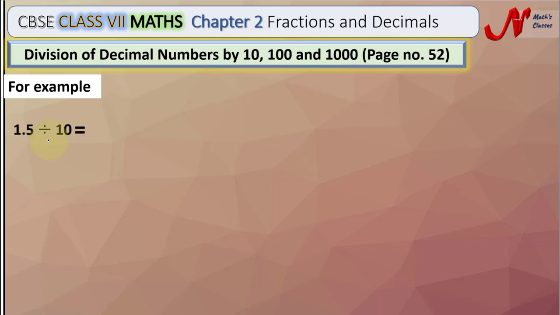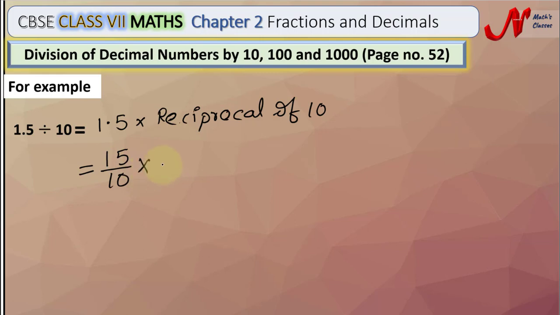For example, 1.5 divided by 10, which can be written as 1.5 into reciprocal of 10, which can be written as 15 by 10 into reciprocal of 10, which means 1 by 10. Then we can write 15 by 10 into 10, which is 100.